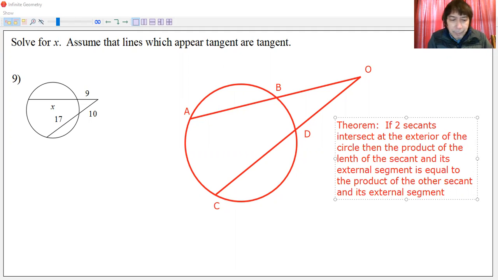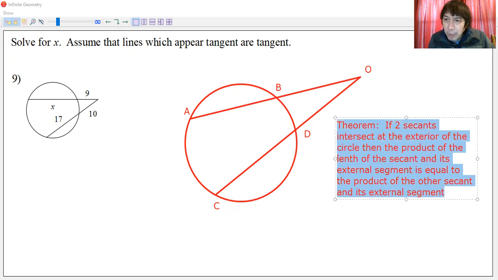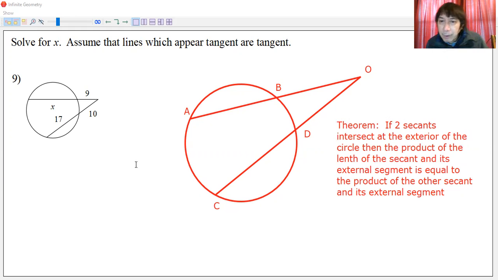Let's put this in the clipboard, so each time we need it, we can paste it. If two secants intersect at the exterior of the circle, outside the circle, then the product of the length. There must be a G there.